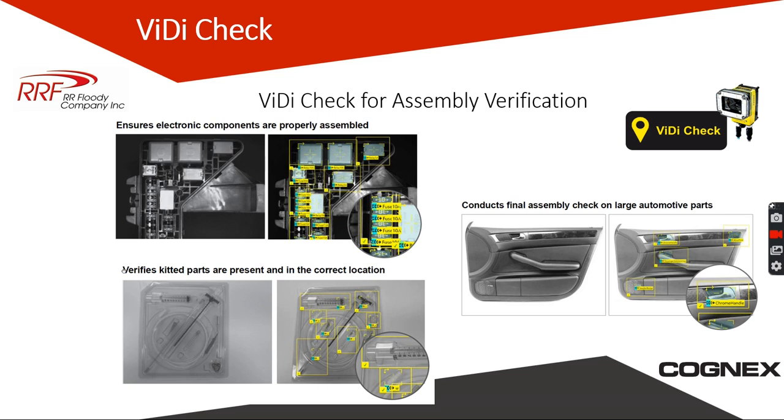ViDi Check works really well in, and I'll take a look at where my cursor is down here, a tray of a medical device for a surgical procedure. Like the syringe right here, that syringe could be upside down, could be backwards. We've got the tubing here that could be in any orientation.